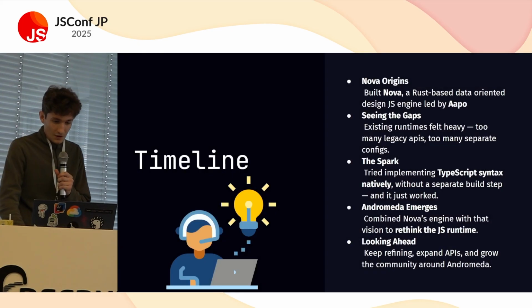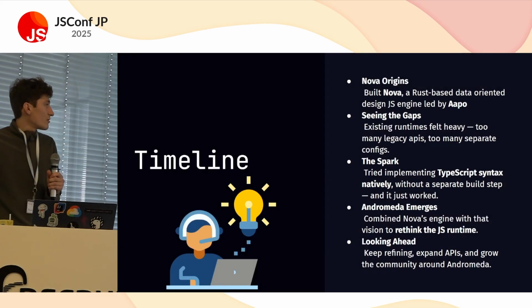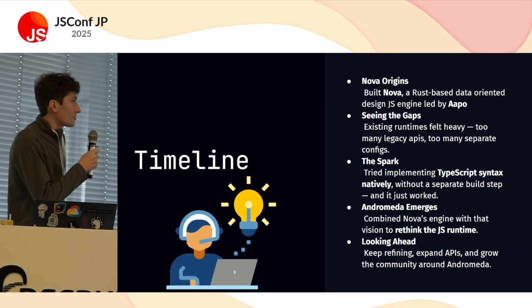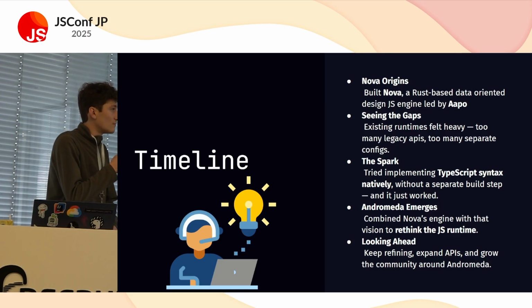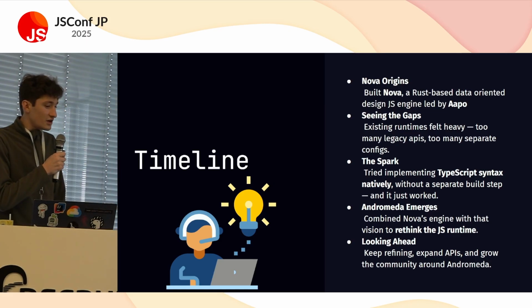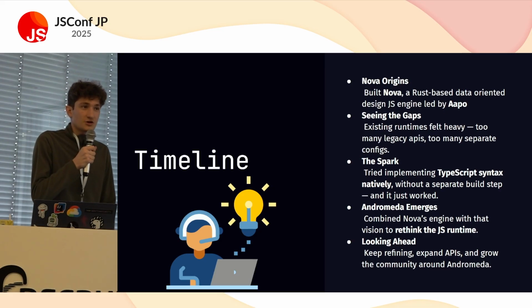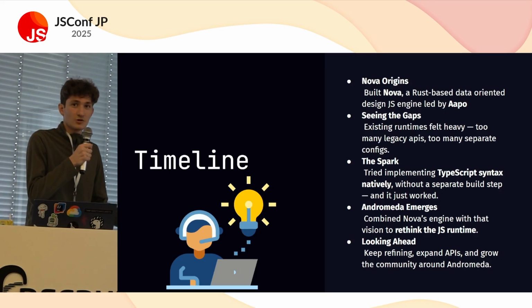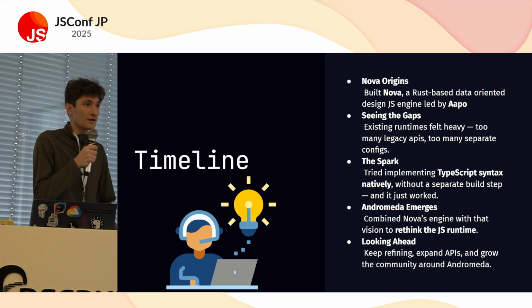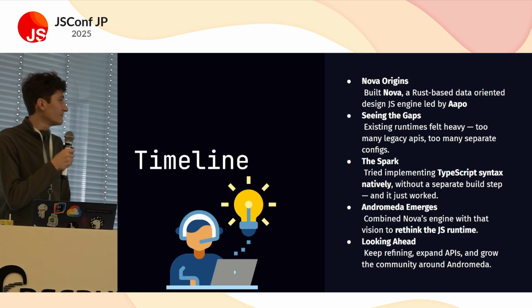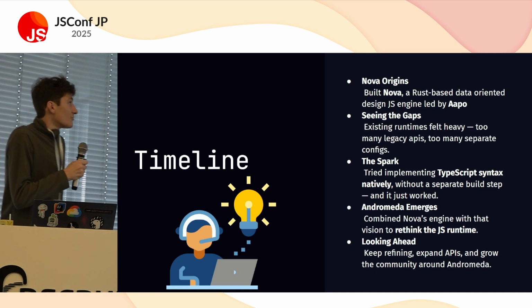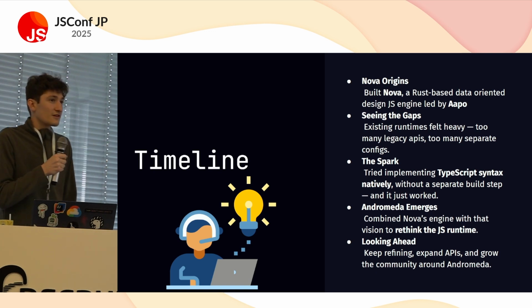Yeah, so where the timeline, as I got into a little bit earlier, we started with Nova. This project was led by Appa, who's actually going to be doing a talk later today, so you guys can get more information, and I'm not going to go into as much depth with Nova as Appa will later on, and I very much recommend you watch that talk too. There are lots of gaps in these runtimes.